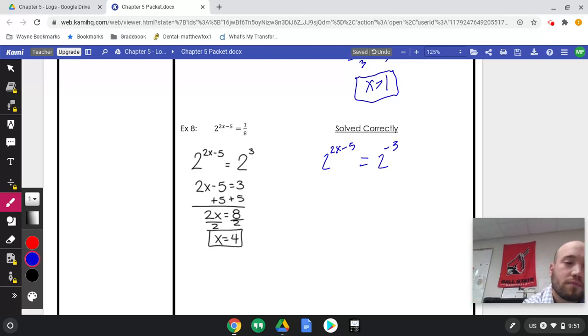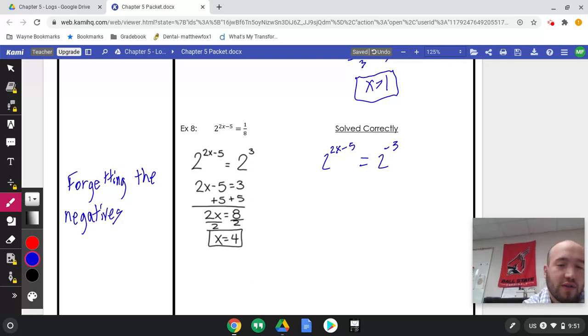Okay, so a second common mistake is forgetting the negatives on exponents. We always are going to have to deal with a negative when we have a fraction like that.